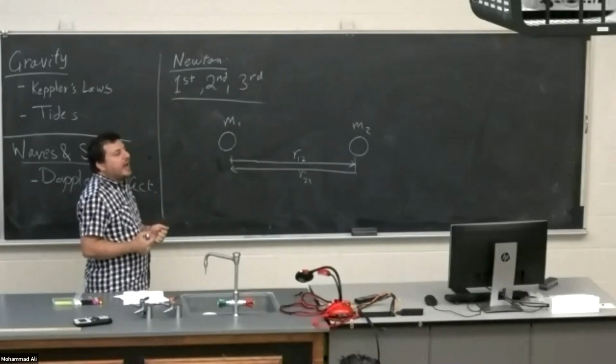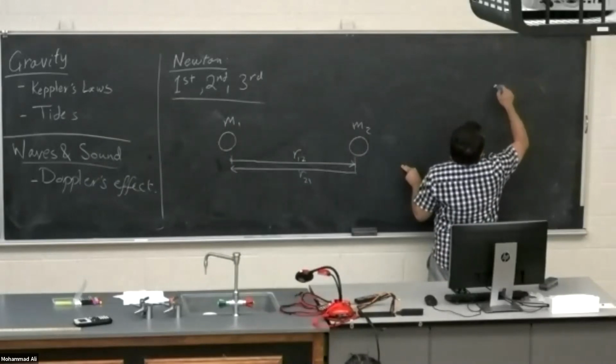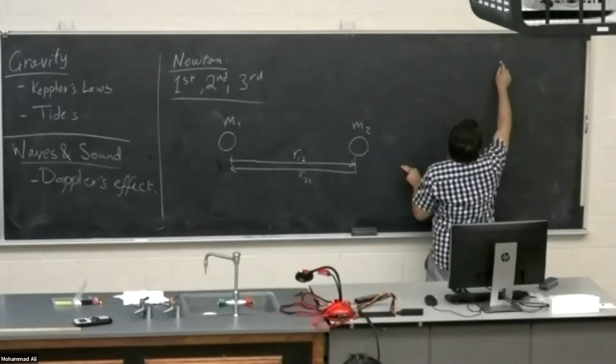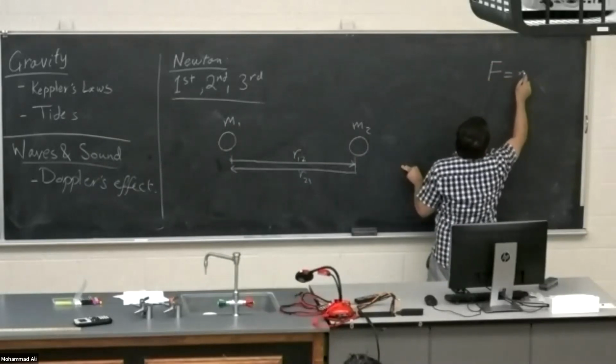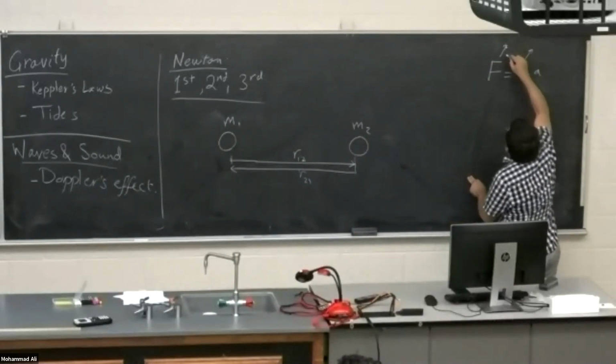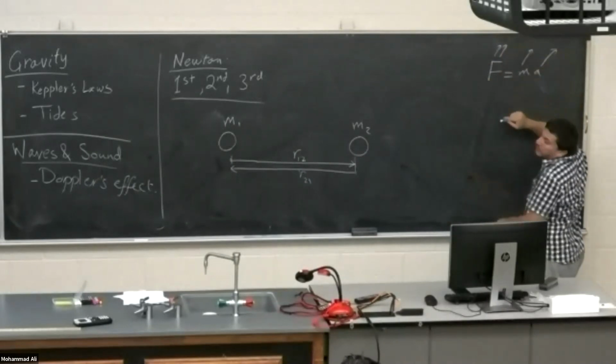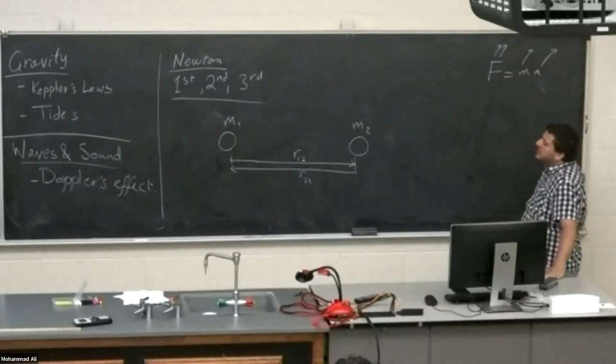And like any law in physics, for example, if we take F is equal to ma. If we increase m, then F will increase. If we increase a, then F will increase also, and so on. This is a dependence.